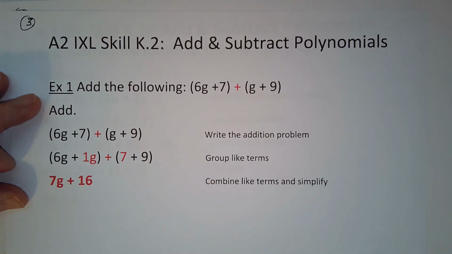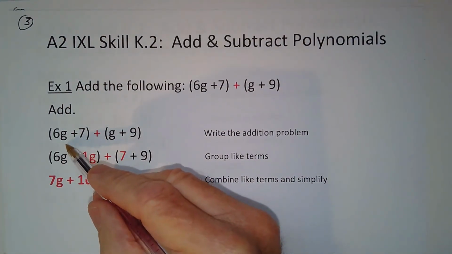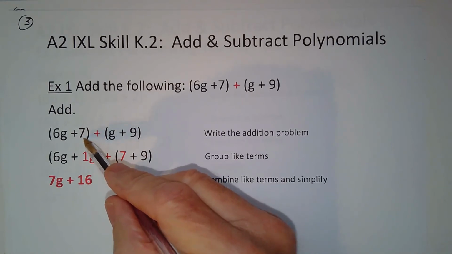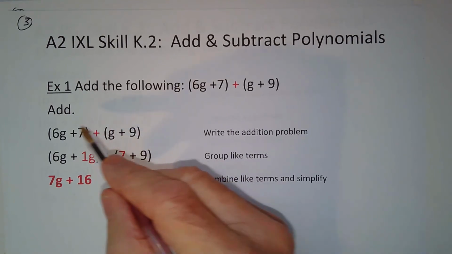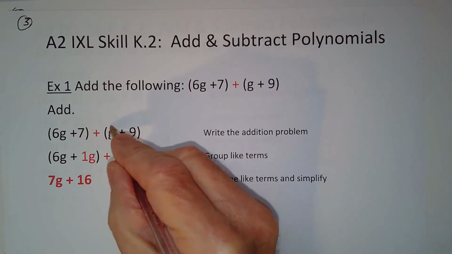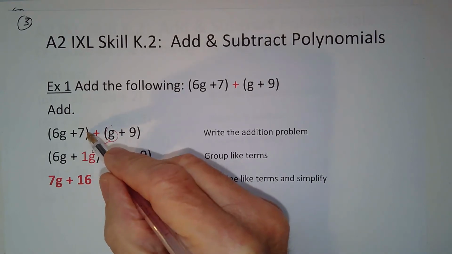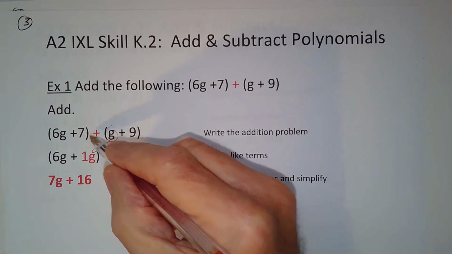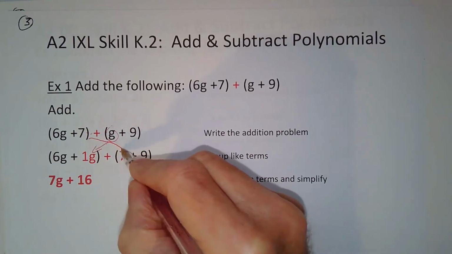So what we're doing here is we've got 6g over here in the first binomial, but there's a 7 in with it. You want to get that out, and you want to get the g, the one lone g you see over in the second binomial, and you want to put it together with the 6g. So this g moves into the second position, and the 7 over here in the first binomial and the line above, it's going to be moved down to the second binomial in the line below.